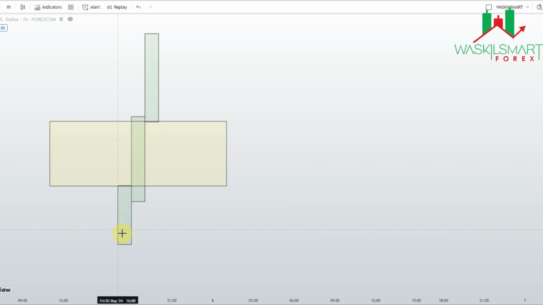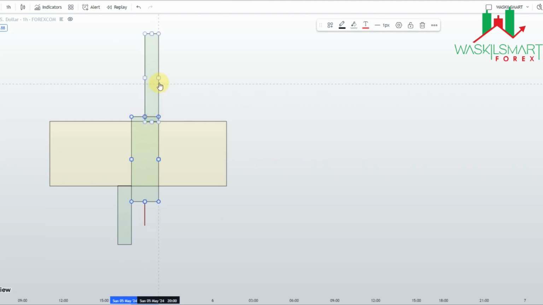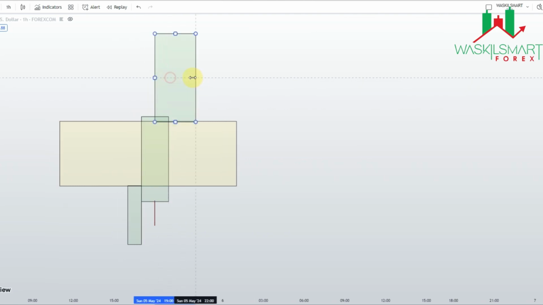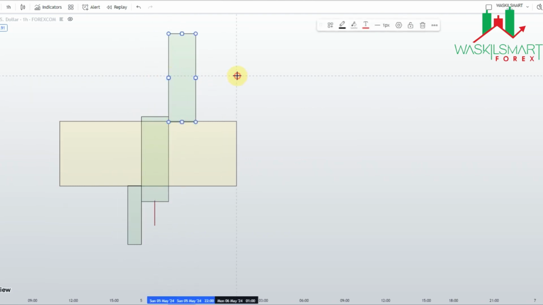But at this particular point, let's assume that we have this wick here. The market kind of wicks itself. Now, when a wick happens, if you go down to a lower time frame, what occurs there is that there's a sell order and there's a buy order.